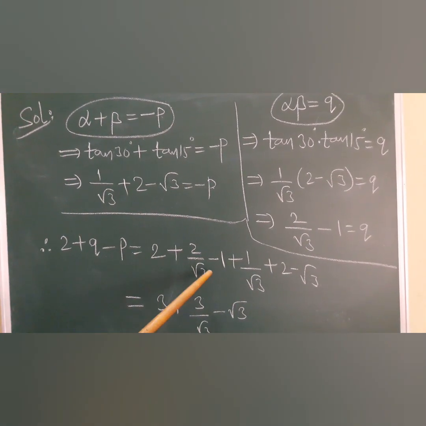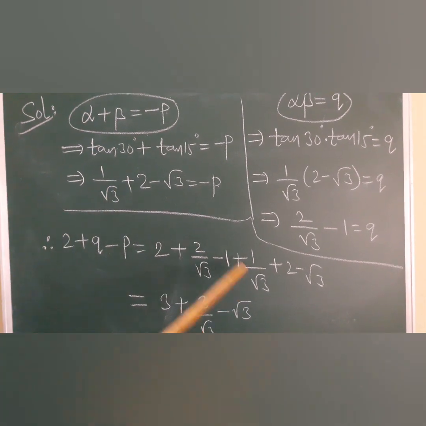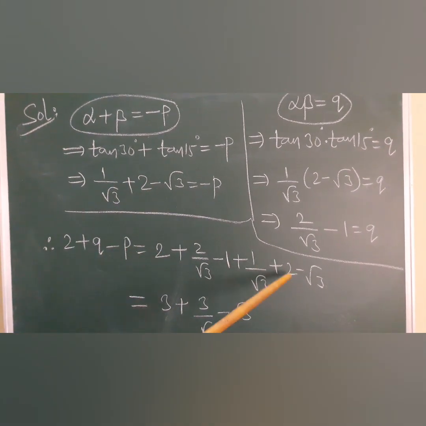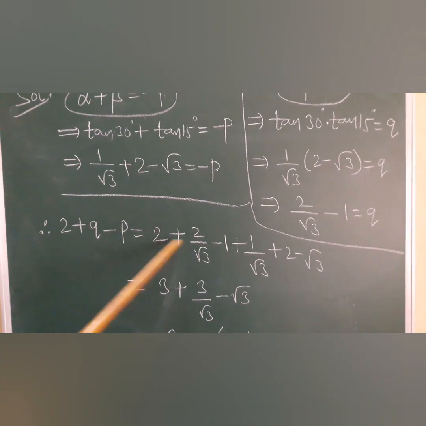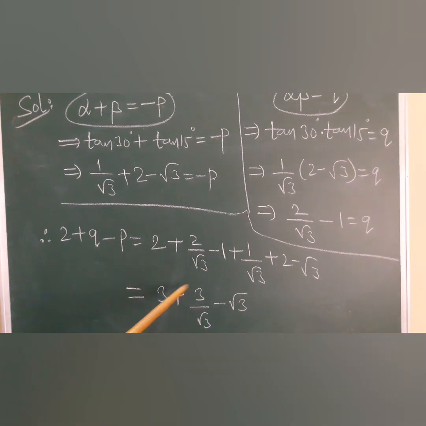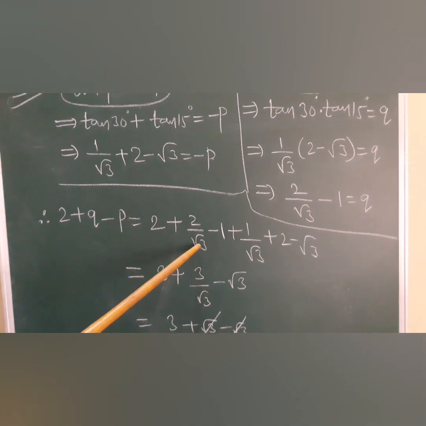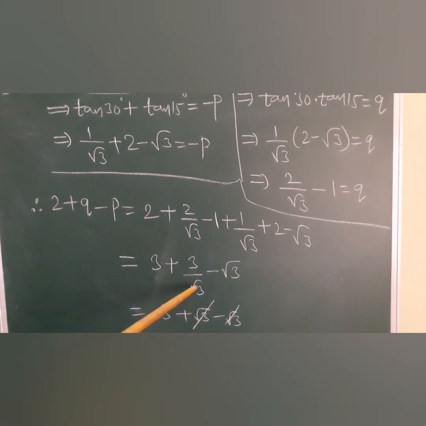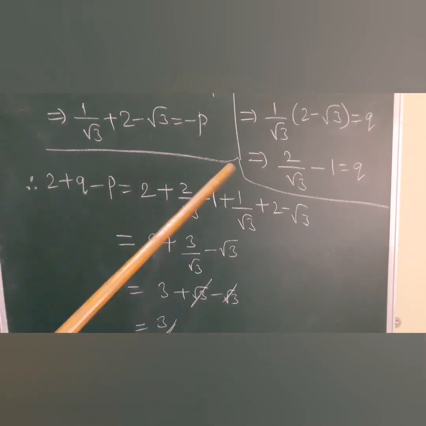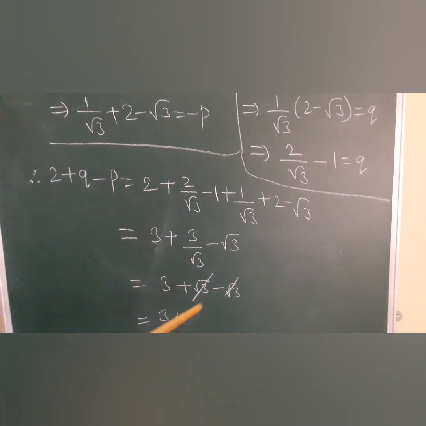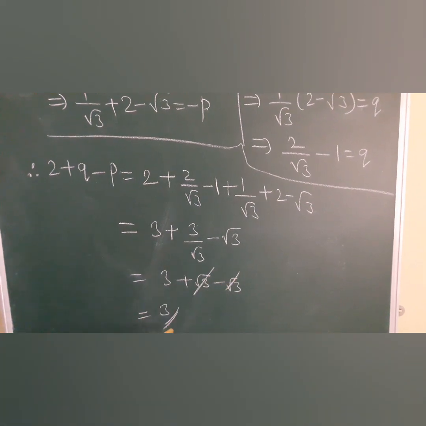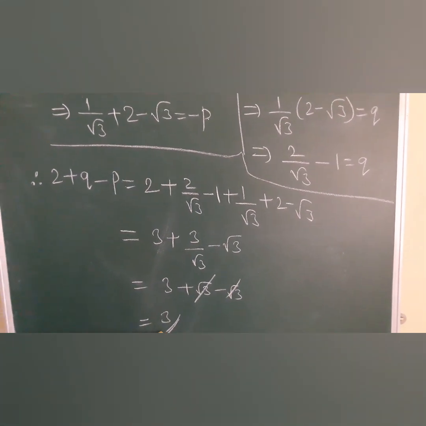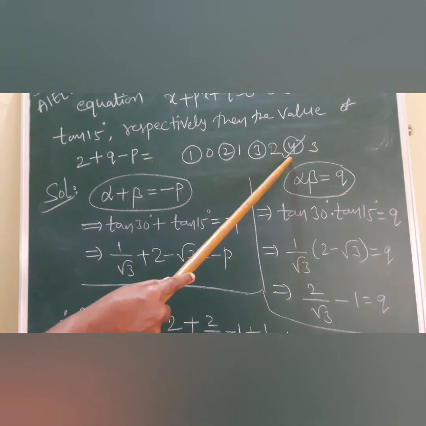Next, minus p means 1 by root 3 plus 2 minus root 3. 2 plus 2, 4, minus 1, 3. 2 by root 3 plus 1 by root 3, 3 by root 3, minus root 3. 3 by root 3 becomes root 3. Root 3 minus root 3 gets cancelled. Final answer is 3, which is option 4.